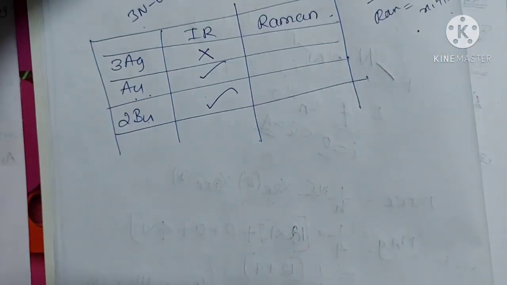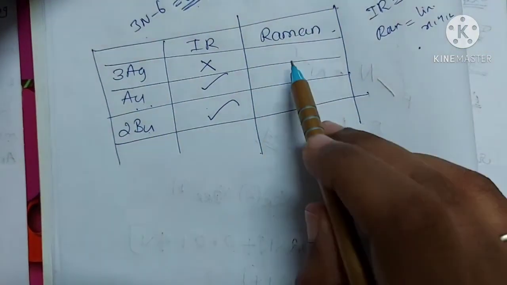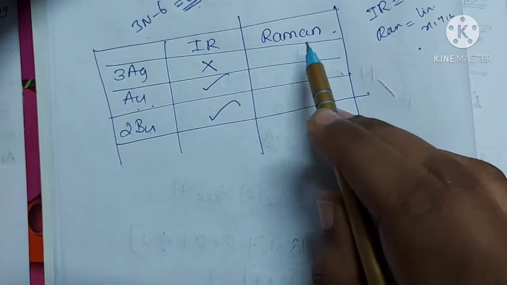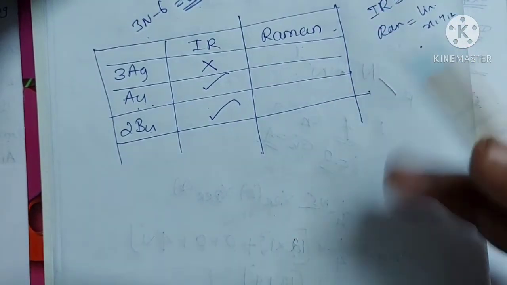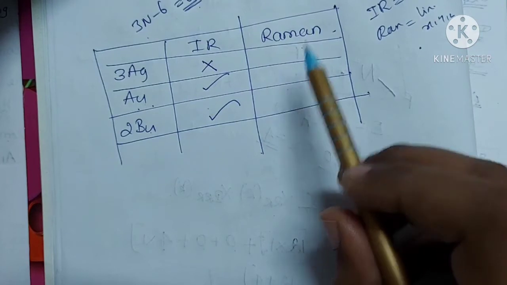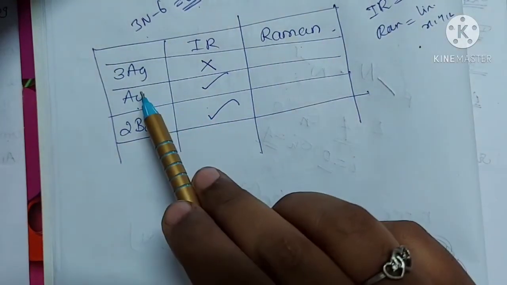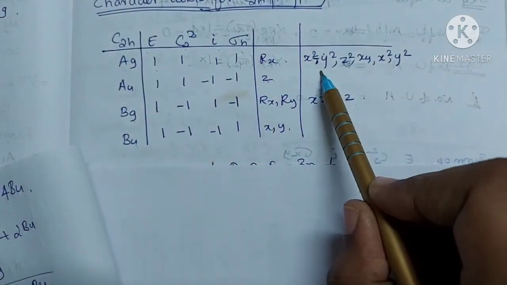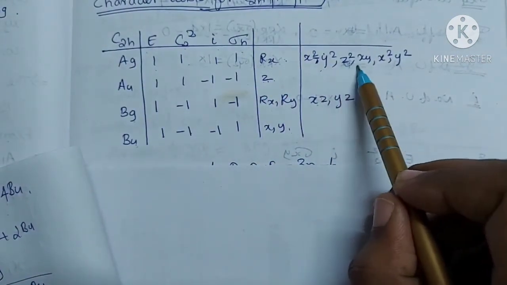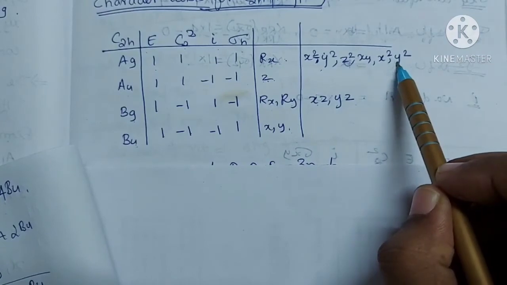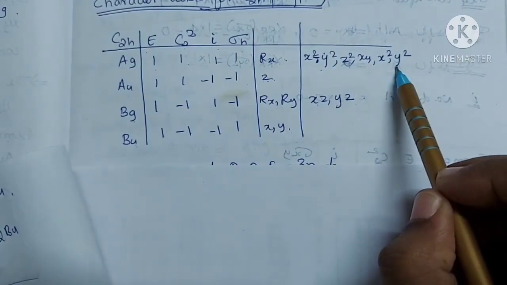Next we are going to check for Raman activity. For this we have to check the last column of the character table, and there should be linear combinations of these x, y, z orbitals or multiplications of these x, y, z orbitals. Let us check for Ag. Yes, in Ag we have x square minus y square, z square, some combinations of these x, y, z.